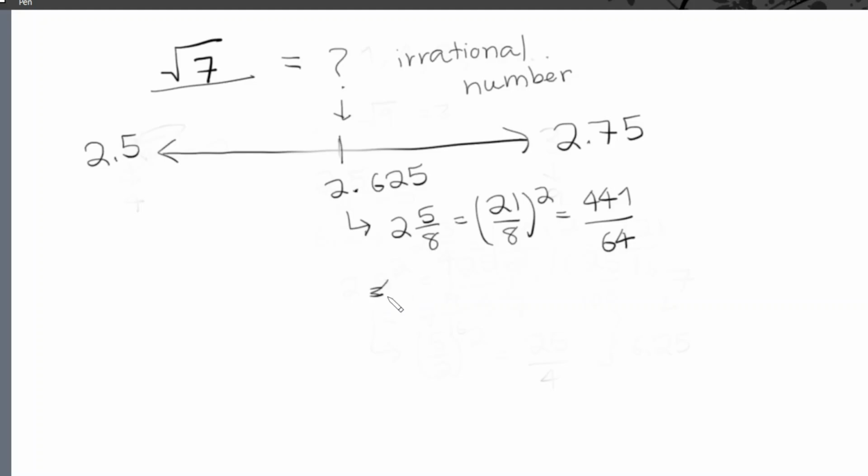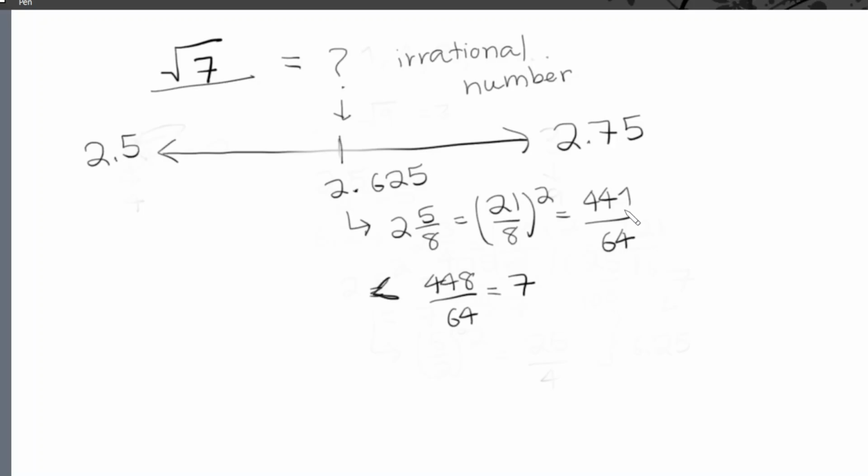actually, and we know this is less than, let's see, 448 over 64. And 448 over 64, the reason I chose 448 is because this is the same as 7. So we don't even need to know the actual value of this. We just need to know, is it less than 7, or is it greater than 7, or is it 7?